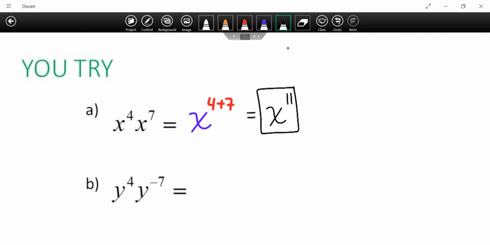Next one. Do they have the same base? Yeah. What can we do with them? Subtract them? Okay. Essentially what you're doing is you can still add them, right? Doing the same thing. Our base stays the same. It'd be like 4 plus a negative 7, so you're just going to subtract them.